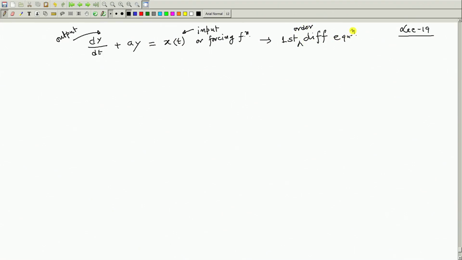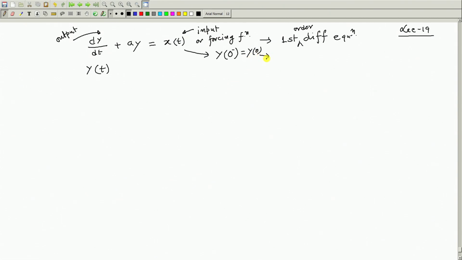So, we know how to solve it by multiplying with integrating factor and so on, but then we found out that the total solution of this equation, whenever this differential equation is given, you are also provided with one boundary condition, since it is a first order differential equation, that is y(0), for a reasonably good function x(t).